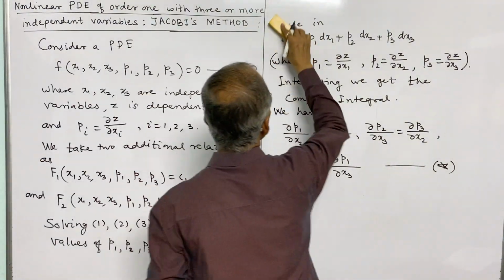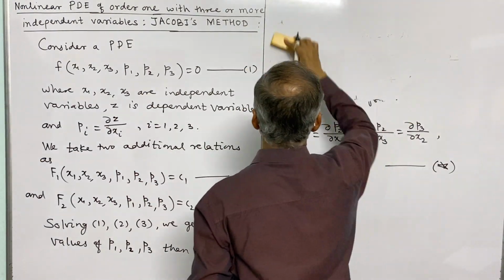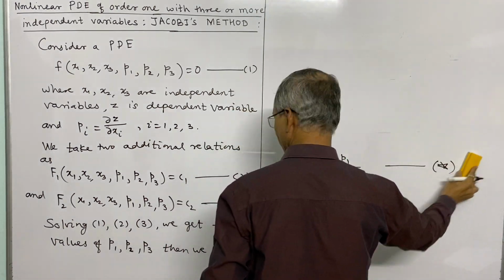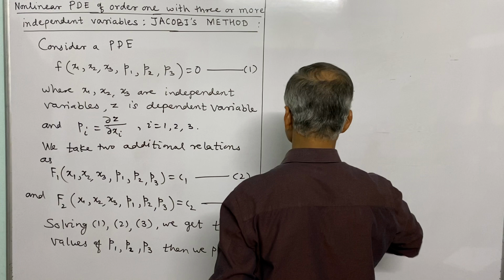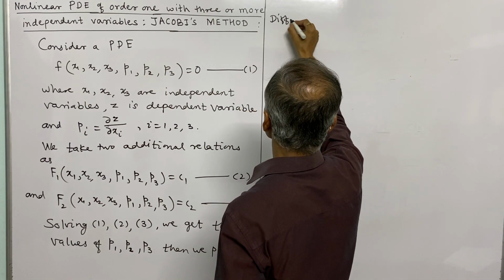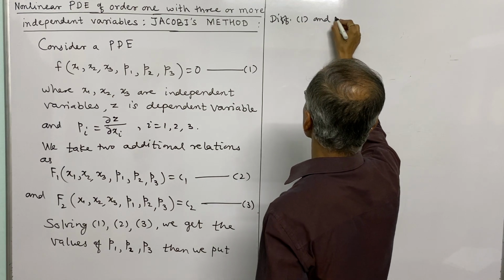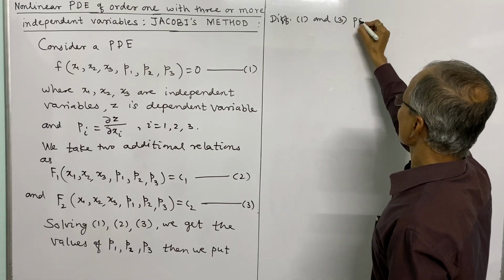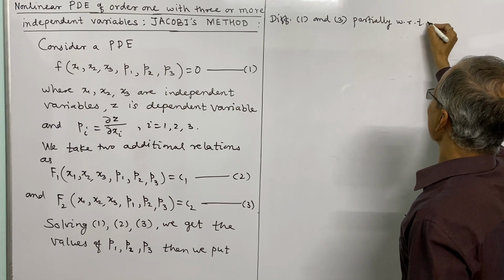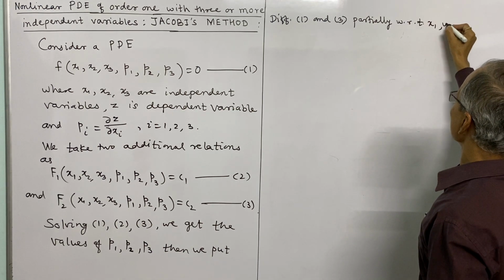So differentiating 1 and 3 partially with respect to x1, we get.